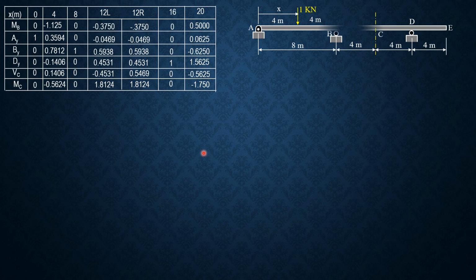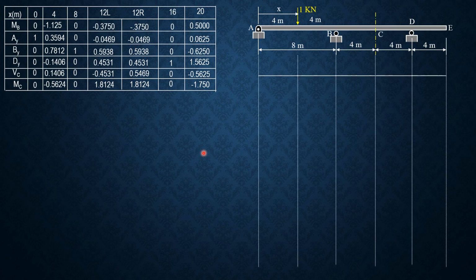So plotting, we begin with AY. It begins with 1, 0.3594, 0, negative 0.0469, 0, 0.0625. So that's the influence line for AY.